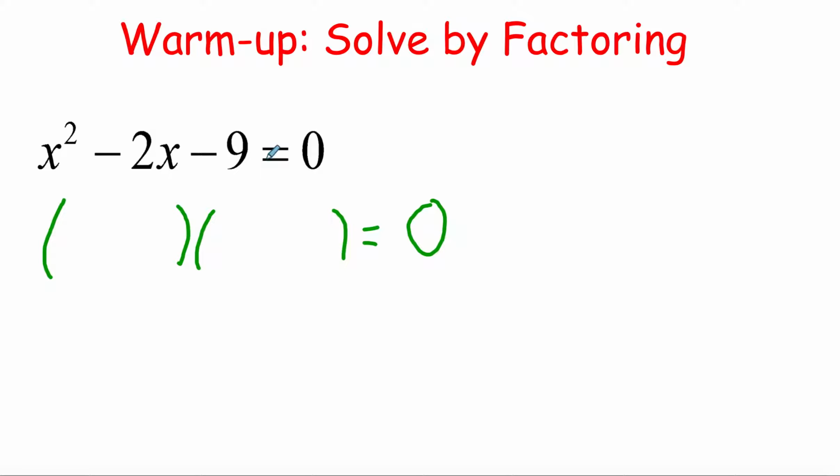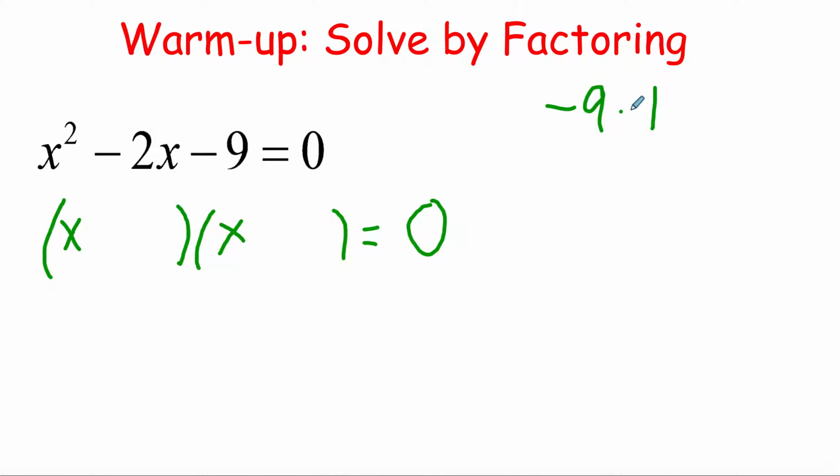Okay, hopefully what you figured out by now is that this is unfactorable, meaning that if I put x and x here, I need to be working with the factors of -9 to give me -2. Well, what are the factors of -9? It's either going to be -9 times 1 in either order.